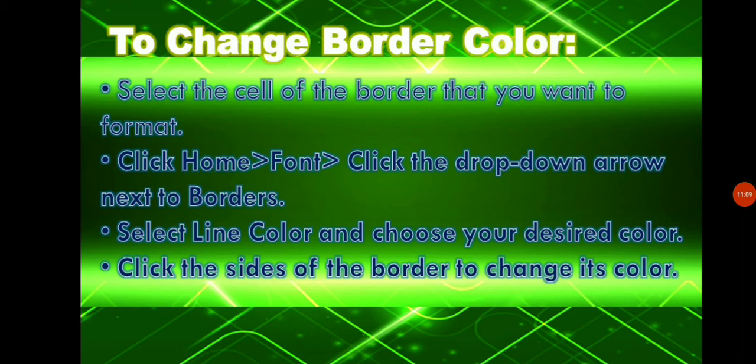Select the cell whose border you want to format, click Home, Font, click the drop-down arrow next to Borders, select Line Color, and choose your desired color. The cursor will change to the shape of a pencil. Click the sides of the border to change its color.